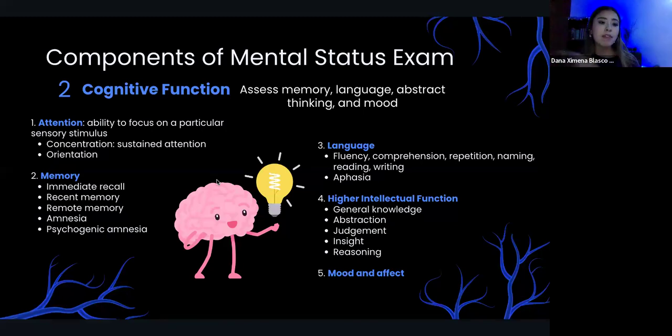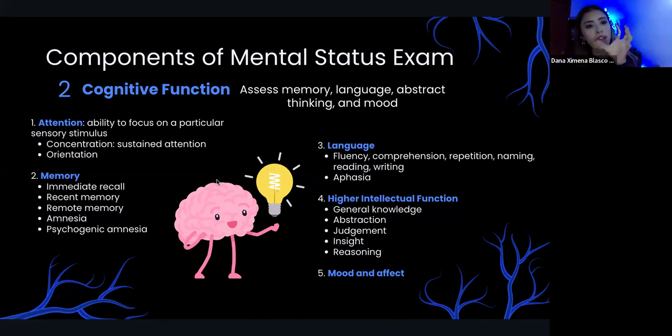Remote memory. Maybe we're going to ask our patient, what did you eat last week on Monday? What was your first meal on Monday? And we are already on Saturday, perhaps. That's going to be a remote memory. Or do you remember the name of your first pet or something like that?